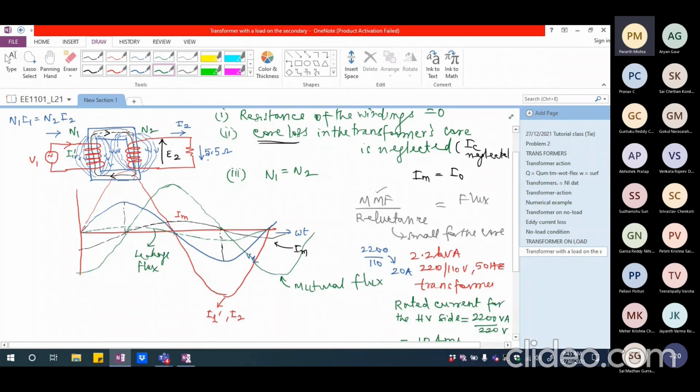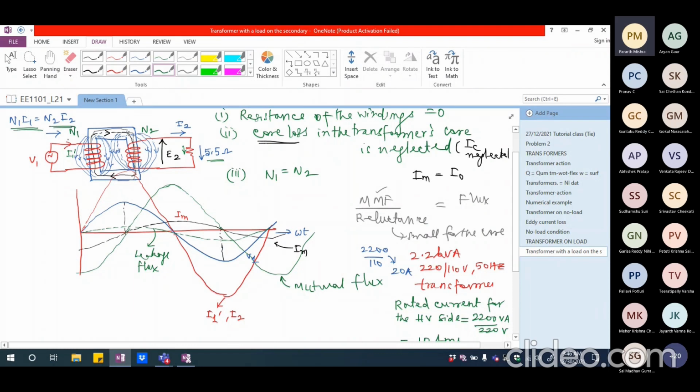If I am connecting a 5.5 ohm resistance, I get 20 ampere current. If I am connecting 10 ohm or 15 ohm resistance, I'm going to get lower and lower ampere of current that is passing through this particular secondary winding, which means the primary reflected current will also be smaller, because ampere turn balance has to be maintained no matter what.